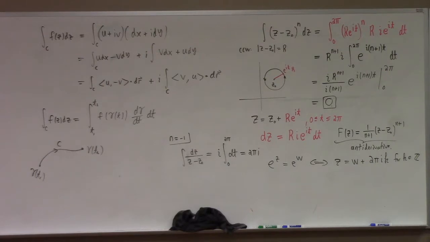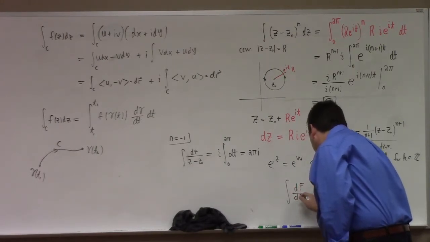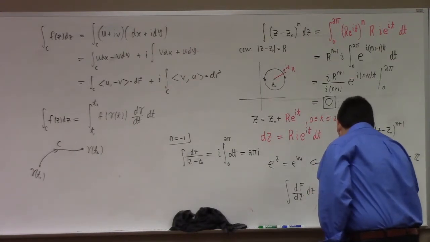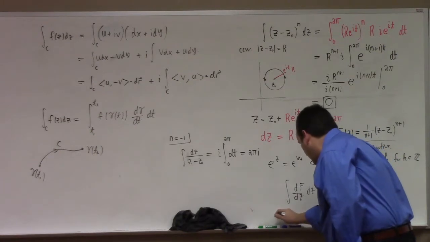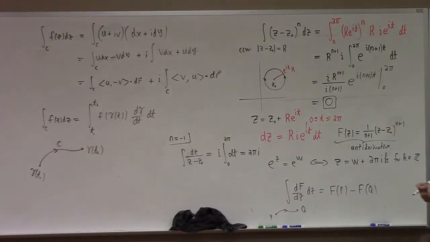And so if I integrate around a loop, I can use the fundamental theorem of calculus. That's also available for complex variables. If I have the integral of df dz dz, I can do f of p minus f of q, if I'm looking at a curve that starts at p and ends at q. There is an FTC for complex analysis, just the same. So there's something special about this n equals minus 1 case.